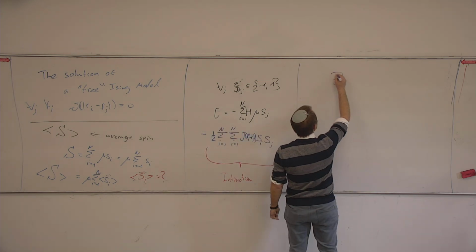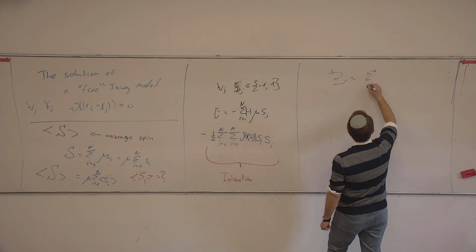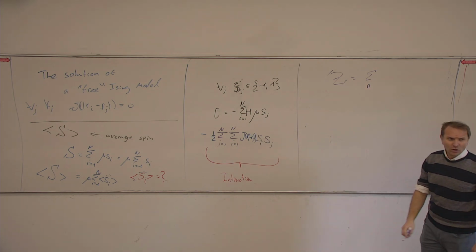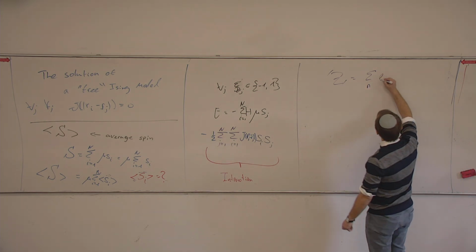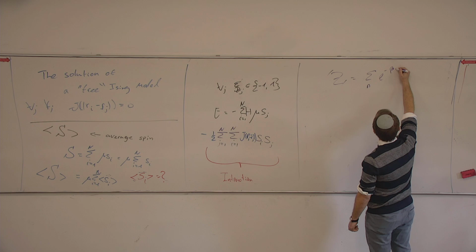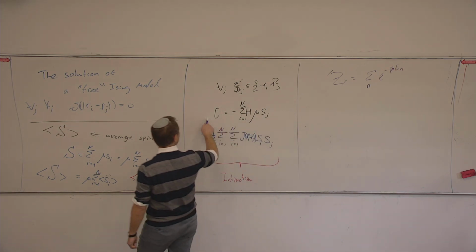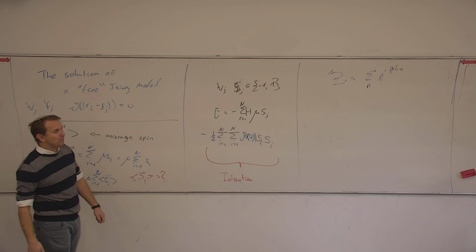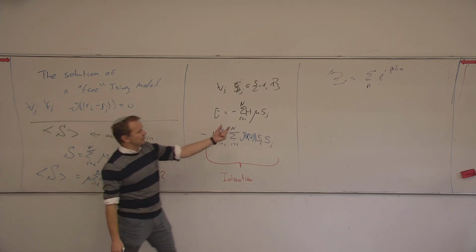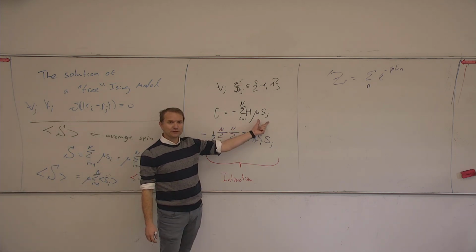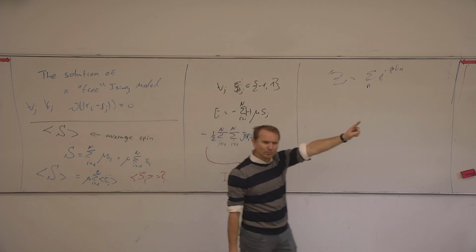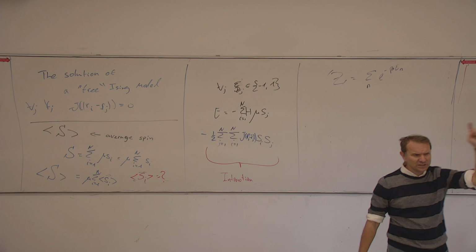We can write down the partition function, which is just a summation over all the possible values of e to the minus beta En. Now En is this guy, and it will depend on the different values of the spin. For different realizations of all the different spins, we have different states. And I have to count over all the possible realizations of all the spins.